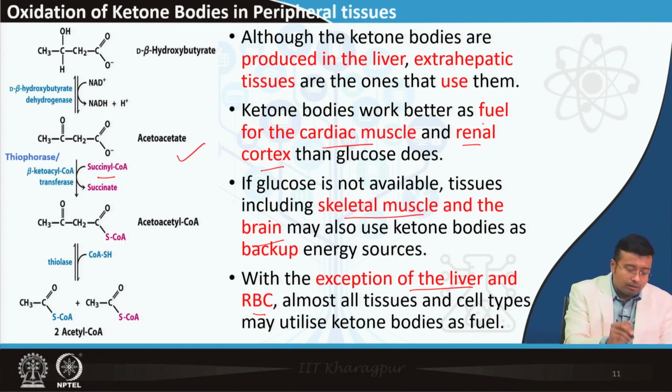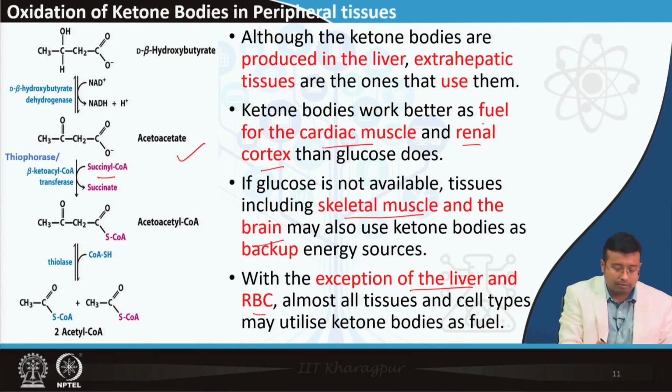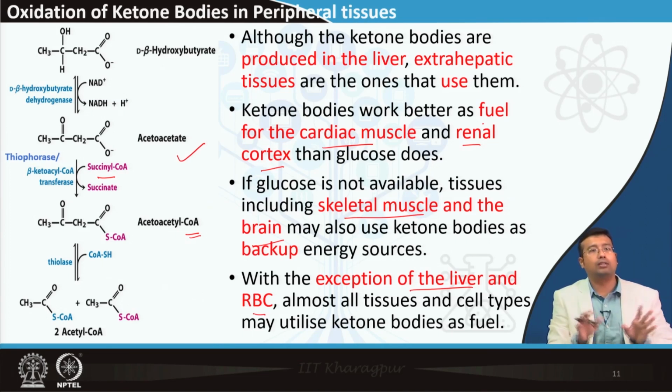Okay. So, with the help of this thiophorase enzyme, acetoacetate forms acetoacetyl coenzyme A. Okay, one coenzyme A is attached, and in the next step what will happen? Another coenzyme A will be utilized with the help of thiolase. So, this is a thiolytic cleavage reaction.